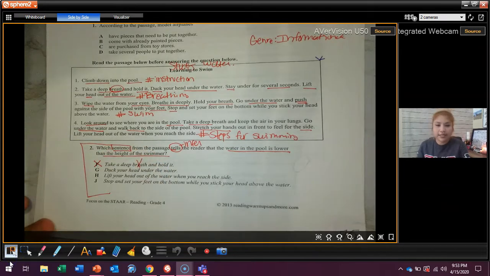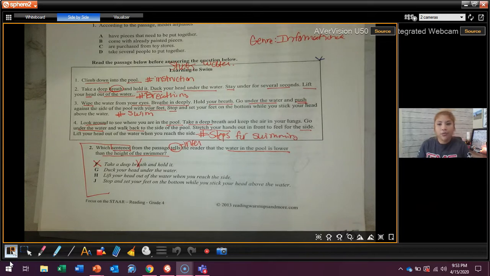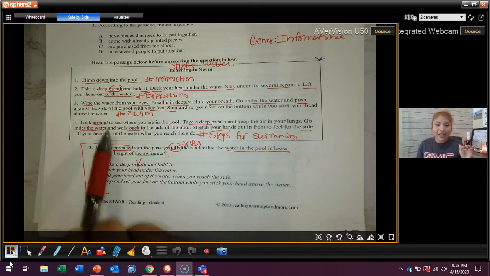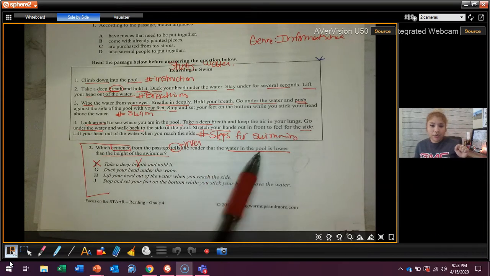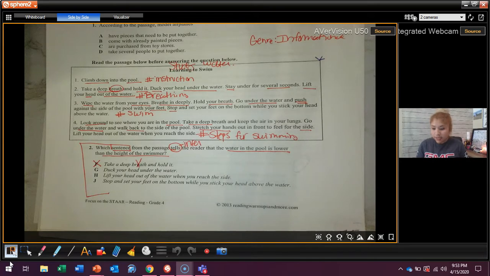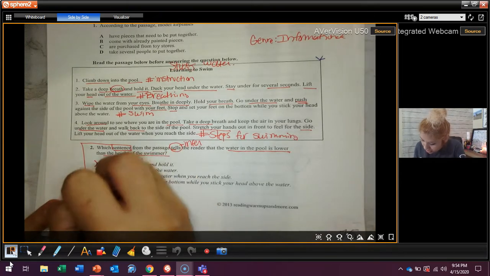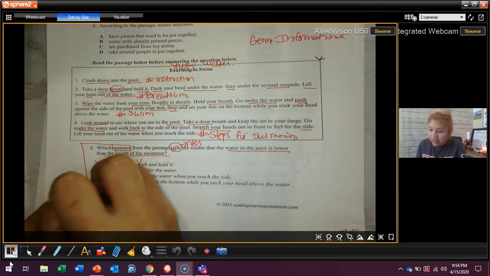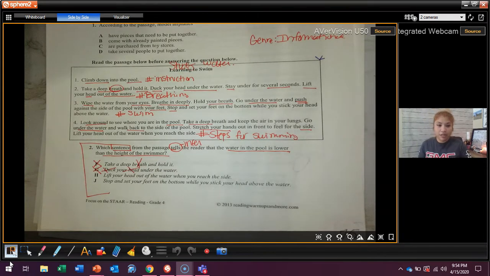So F is out. G, duck your head under the water. So because you're ducking your head under the water, does that mean that the water in the pool is lower than the height of the swimmer? No, right? So just because you duck your head under, it doesn't tell you the height.